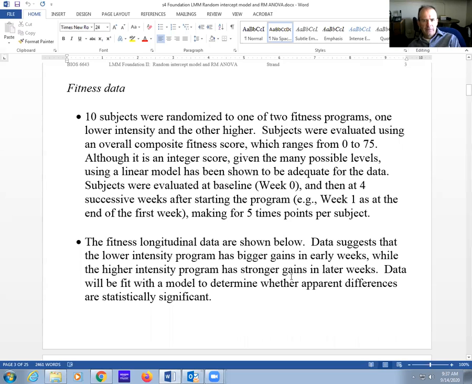There's enough possibility in the responses that we can model that with the mixed model. And we have repeated measures. We have week 0 as the baseline. And then as they start their program, we're going to see what that fitness score is going to do for these subjects. And then ultimately we want to compare between the two programs, the higher intensity versus lower intensity programs.